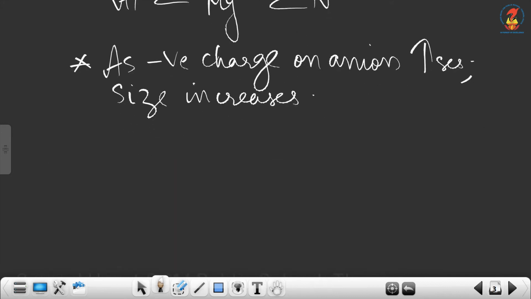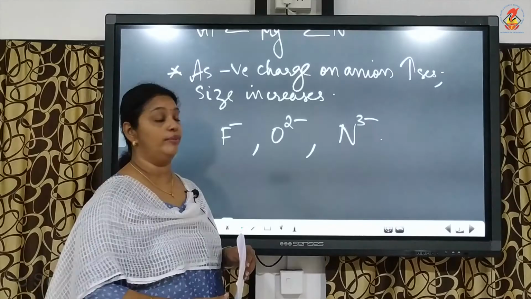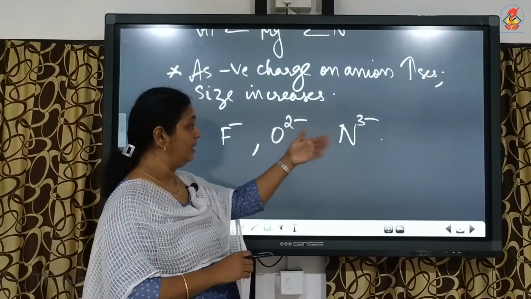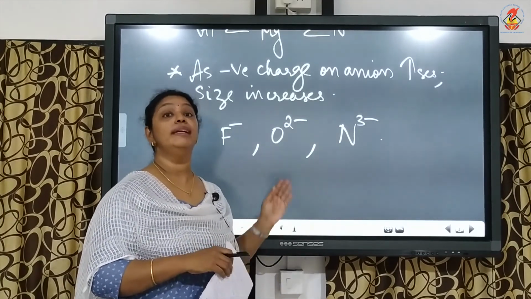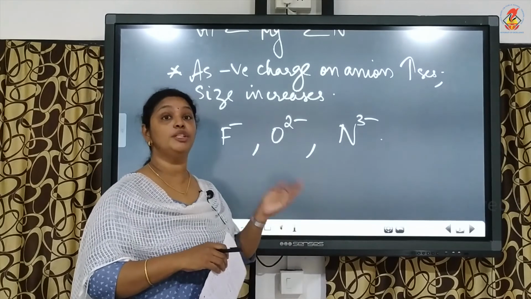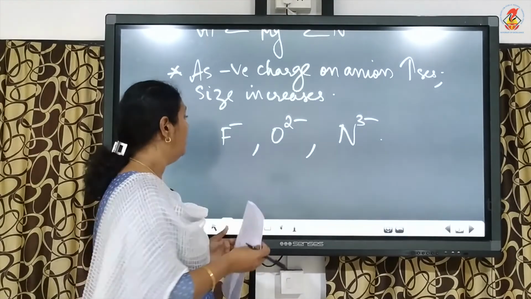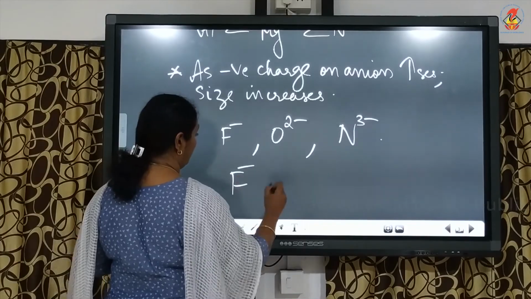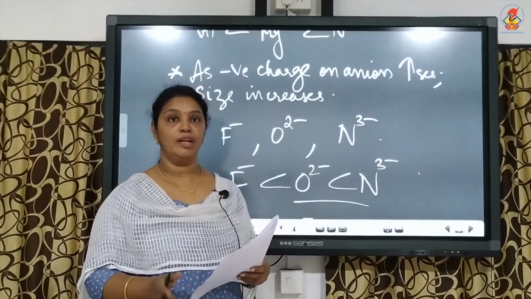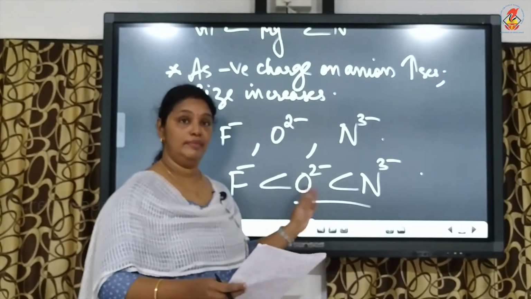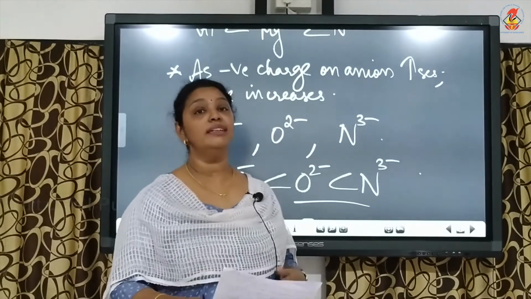So, if you are asked to arrange F minus, O2 minus, N3 minus in increasing order of their ionic radii, you can say as negative charge increases, size increases. So, if you are asked to arrange in increasing order, you have to write from small to big. So, which has the smallest size here? F minus. So, I'll write F minus less than, next comes O2 minus less than N3 minus. So, this is the order of arranging the anions in increasing order of their size.